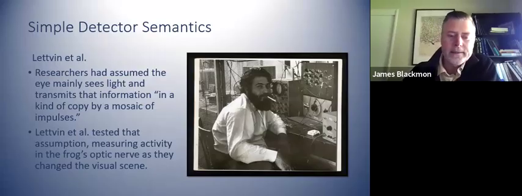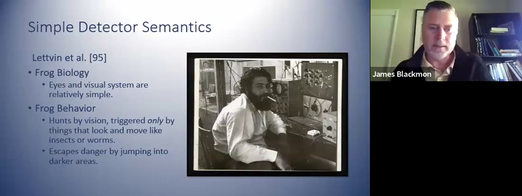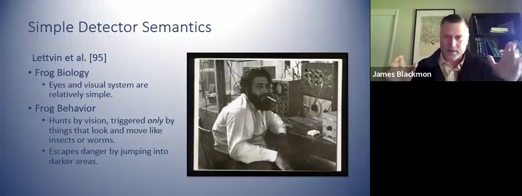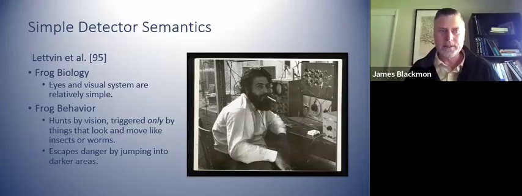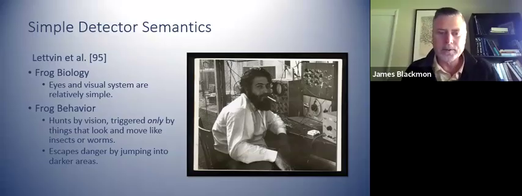And so they chose frogs because their visual systems are really simple. Their eyes, at least, I don't know much about frogs, but at least these frogs, their eyes don't move. So they're passive, and we know that frogs respond to visual cues in a predictable way. They hunt by vision. They're triggered only by things that look and move like insects or worms.